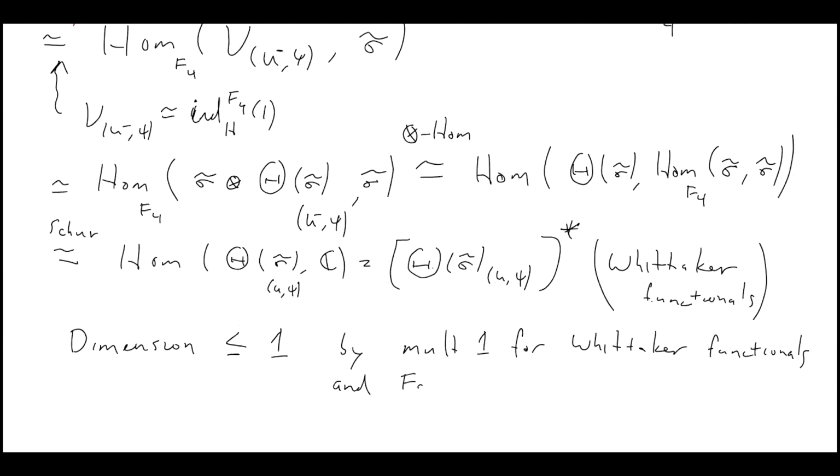And then fact 1. Just as a reminder, fact 1 says that if I take an irreducible representation of F4 and do its big theta lift, then it is either 0 or irreducible.